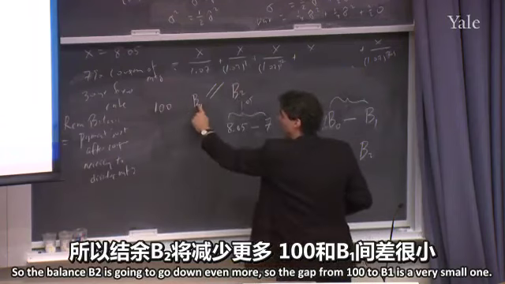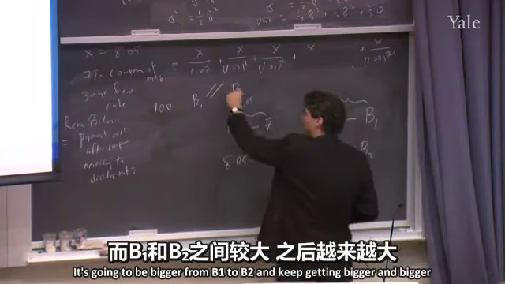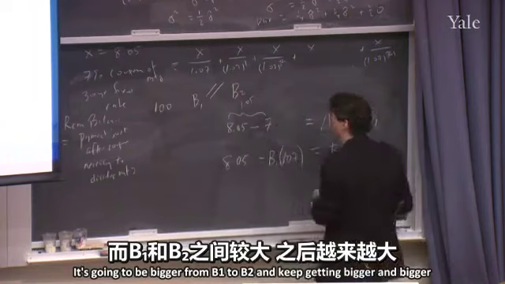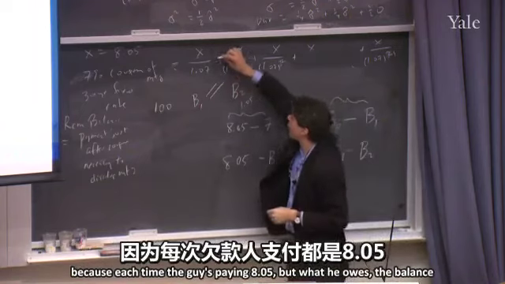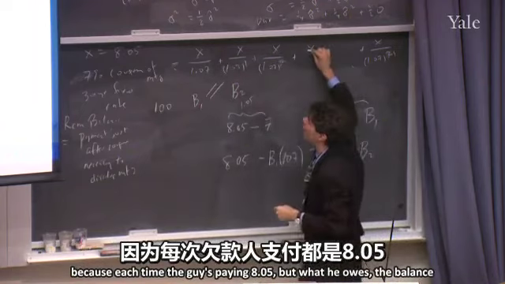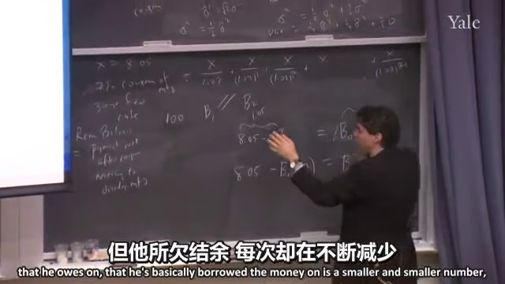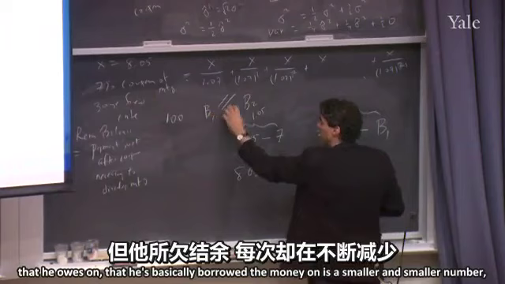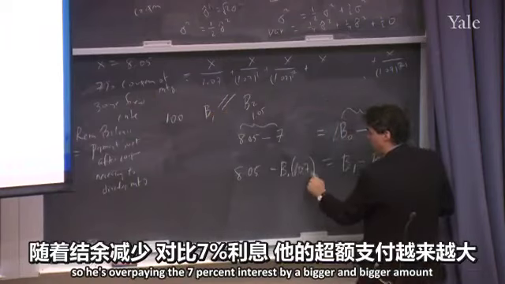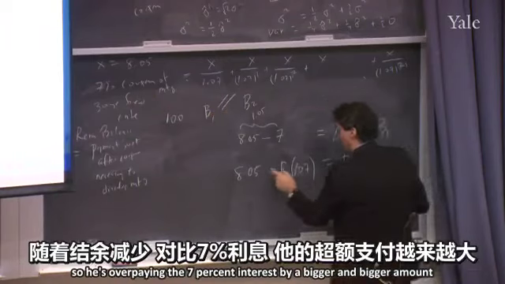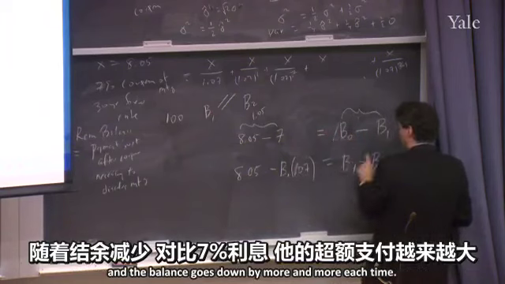The gap from 100 to B1 is a very small one. It's going to be bigger from B1 to B2 and keep getting bigger and bigger, because each time the guy's paying 8.05, but the balance he's borrowed on is a smaller and smaller number.